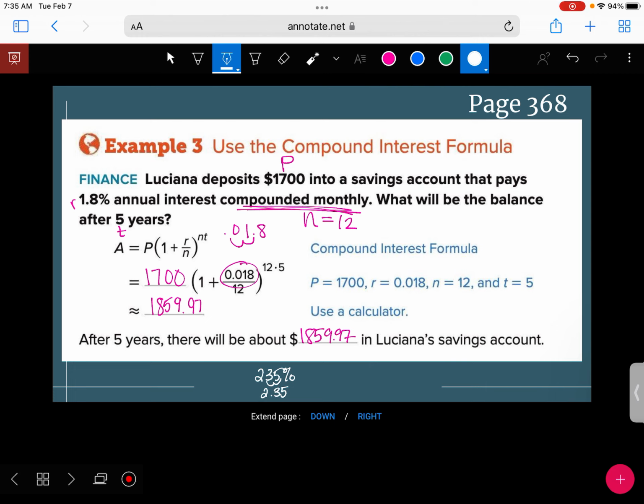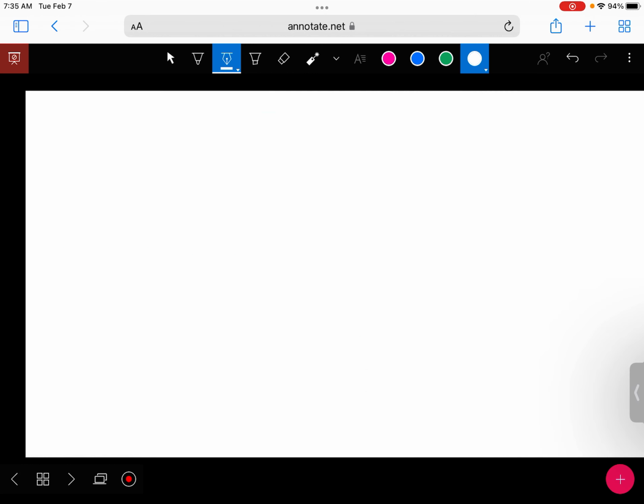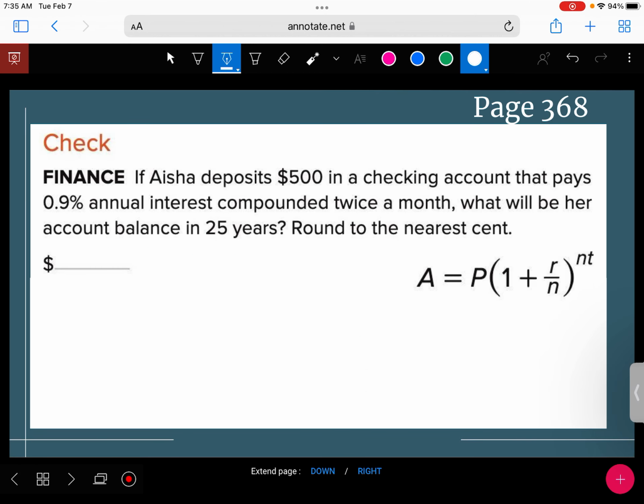All right. Can I go to the next slide? Okay, perfect. Should make sure I go on time. We're going to have you do the check, which is right underneath that. It says, if Aisha deposits $500 in a checking account that pays 0.9% annual interest, compounded twice a month, what will her account balance be in 25 years?